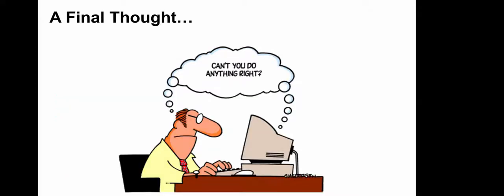I always love to end my lectures with a cartoon. And of course, this guy is questioning the computer by asking it, can't you do anything right? And you know what the computer's going to say? I can only do what I'm told to do. And why is that?